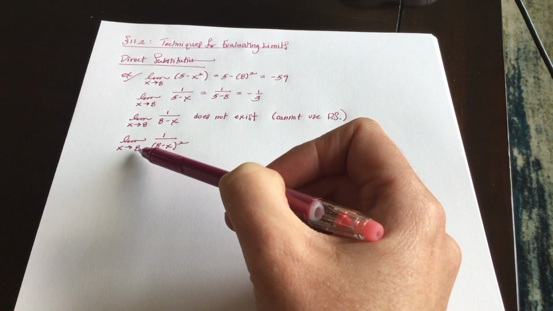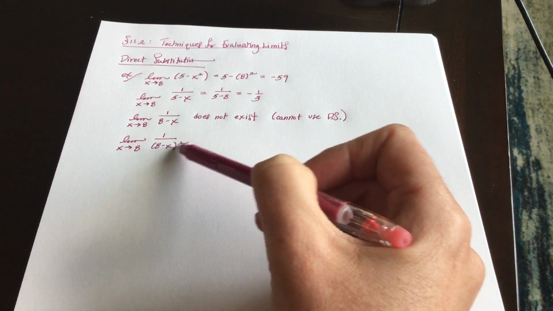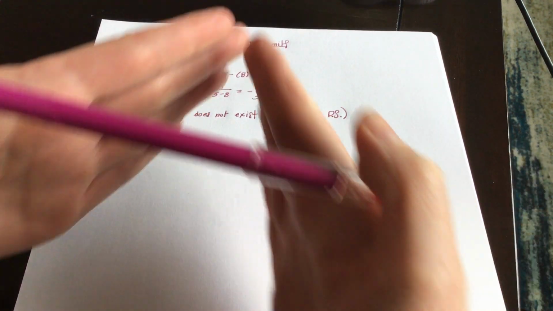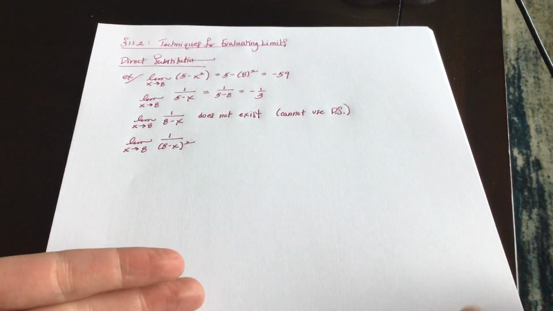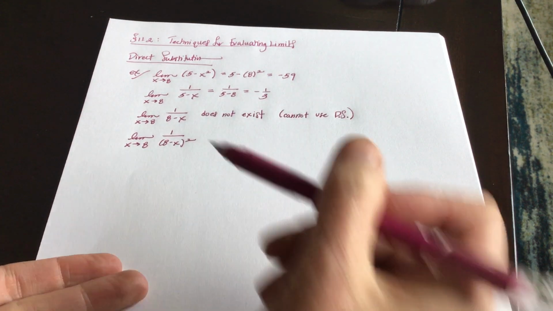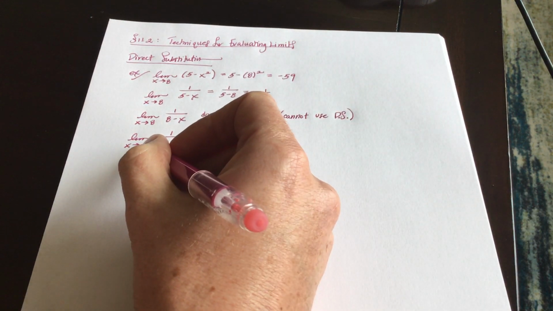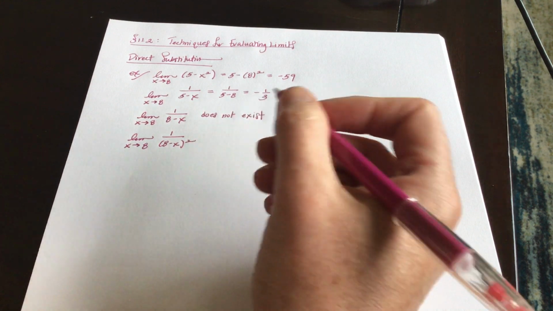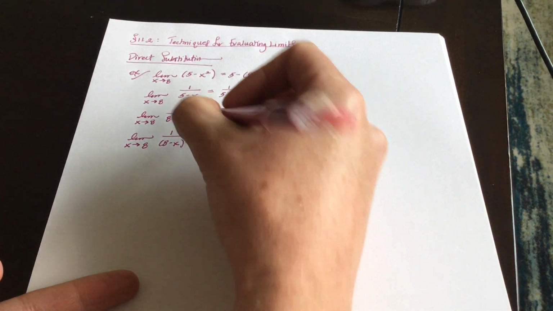Okay, so the limit as x approaches 8 of 1 over 8 minus x quantity squared. This is a 1 over x squared graph, which if you remember from the last example, approaches the vertical asymptote moving upward on both sides. And it got shifted to the right 8. So it is discontinuous at 8. We can't use direct substitution but you could fall back on graphing or the numerical method.